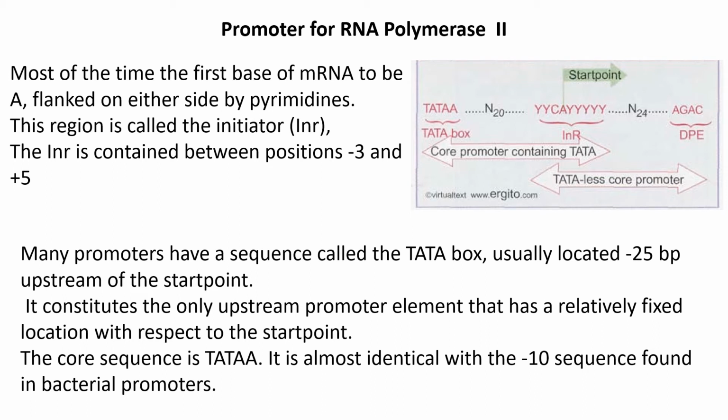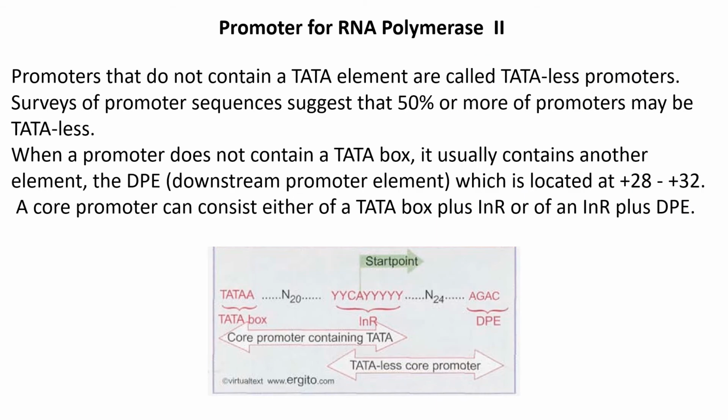Now let's see about the core promoter which does not contain the Tata box. You can see over here, this is without Tata element, and this is known as the Tata-less promoter. Most of the promoters, 50% or greater than 50% of promoters, are without Tata element.